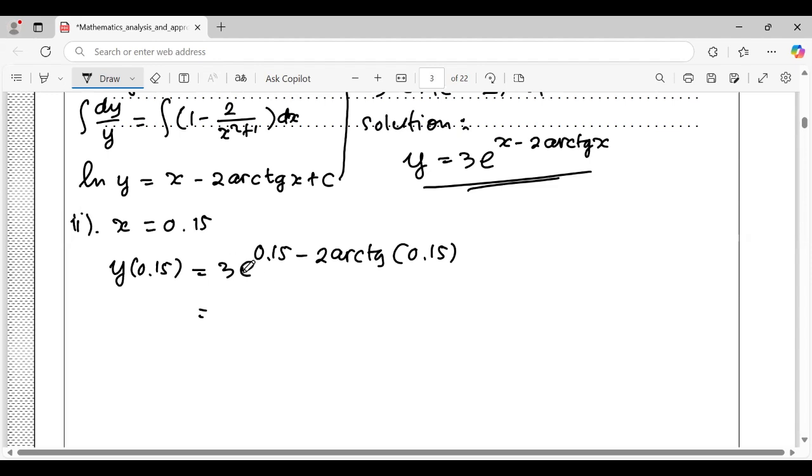So if you calculate, the result is 2.58786. 1, 2, 3, 4, yeah, 6 significant figures. So that's the answer. Now, E.